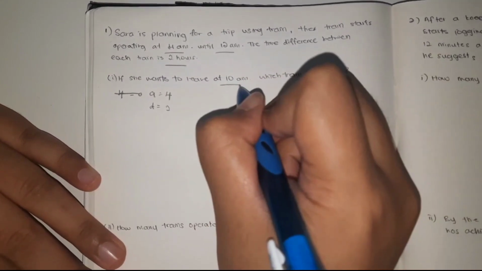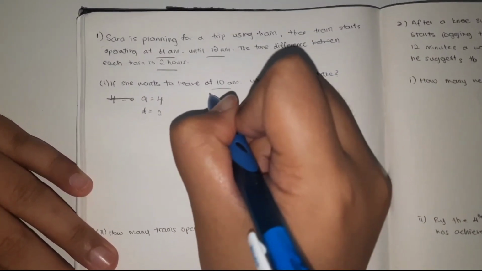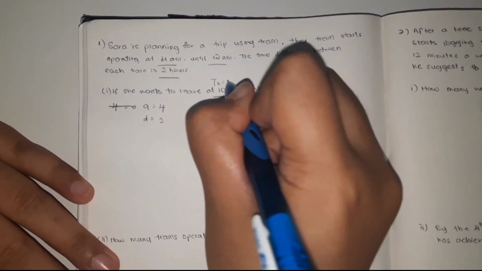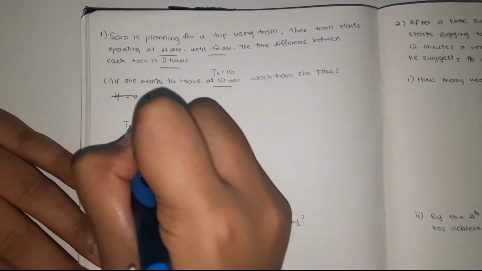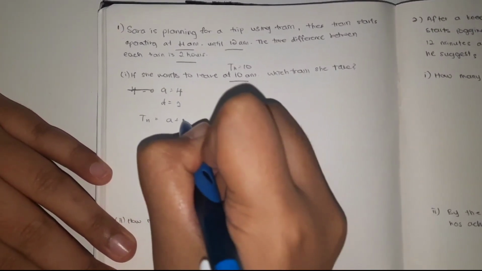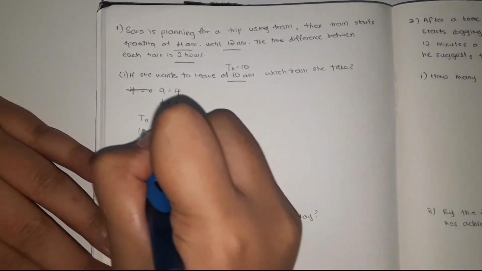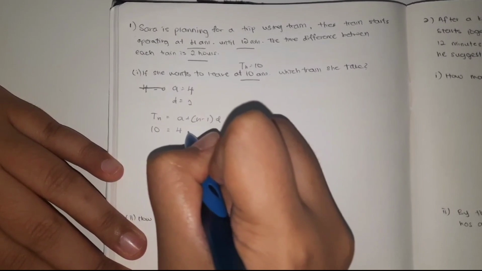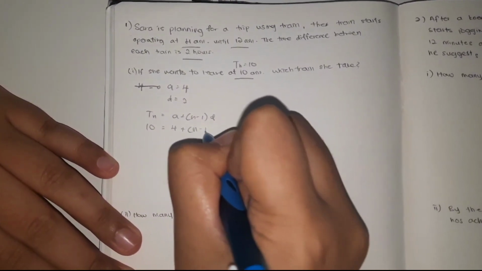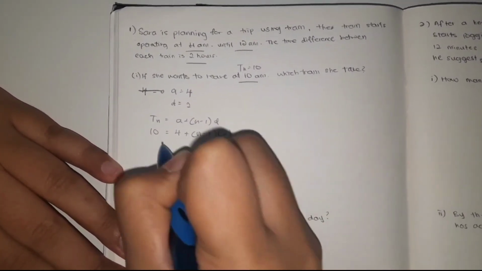To find 10 a.m., which is Tn equals 10, we must use this formula, A plus n minus 1 times D. So 10 equals A, which is 4, plus n minus 1 times 2.